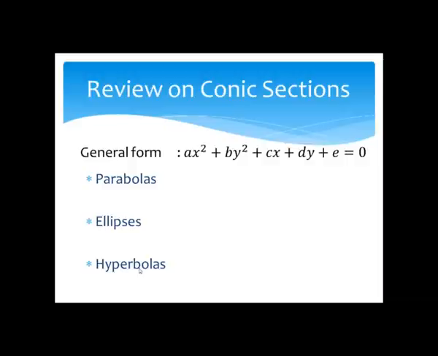We only deal with the ax squared plus the by squared, because the cx and dy are only responsible for the shifting of the graphs. So here are the examples of the conic sections. We have parabolas, we have ellipses, and the hyperbolas.